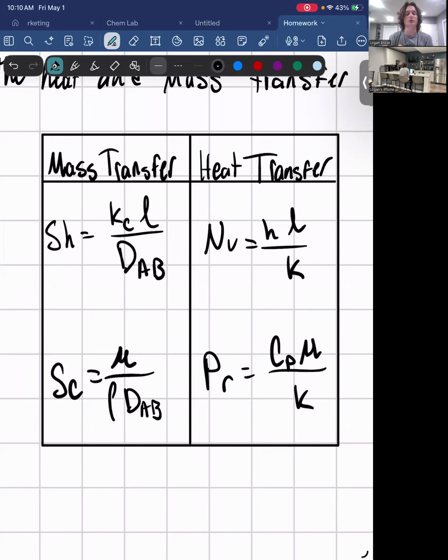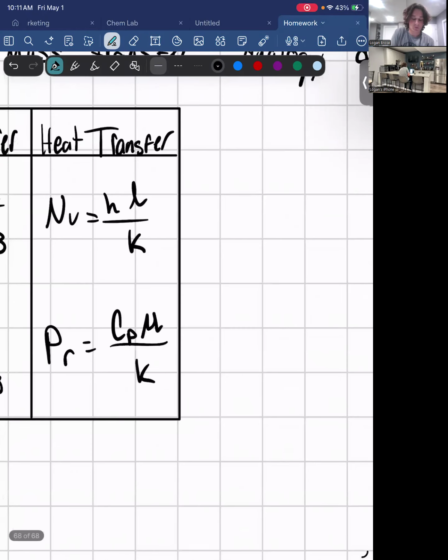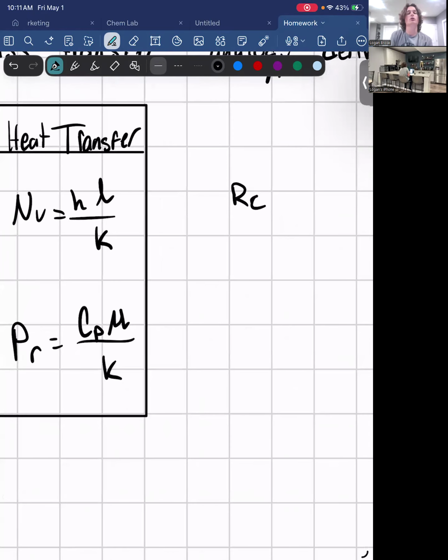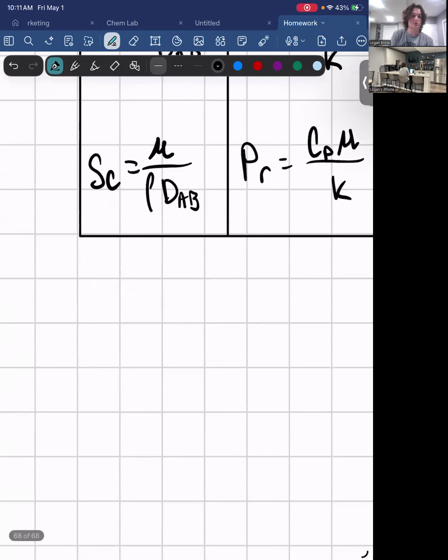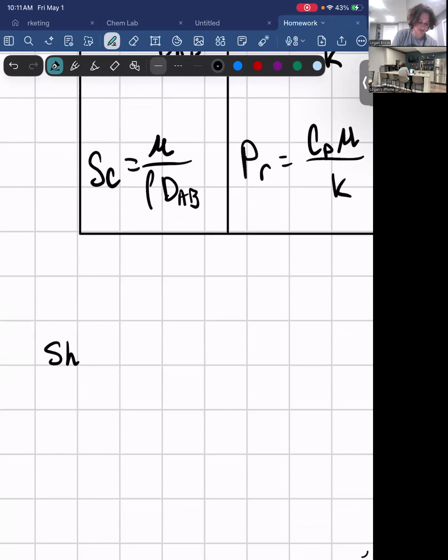And we can use these two equations with the Reynolds number to then get the Schmidt number and the Prandtl number. So we know that the Sherwood number is equal to the Reynolds number to the 1/2 times some constant, multiplied by the Schmidt number to the 1/3. So that's how these relate.